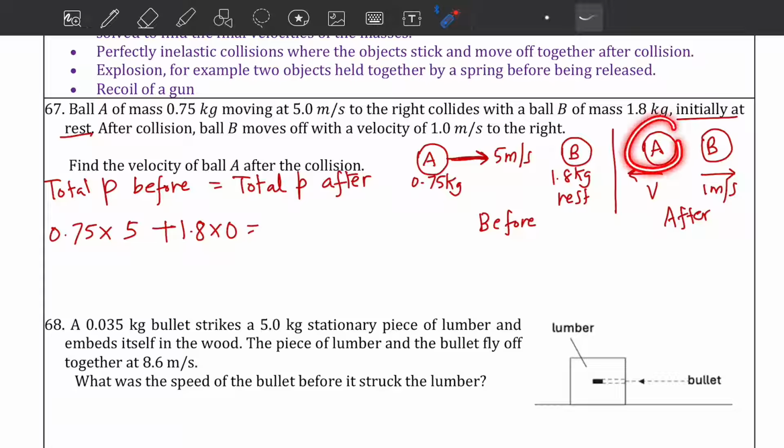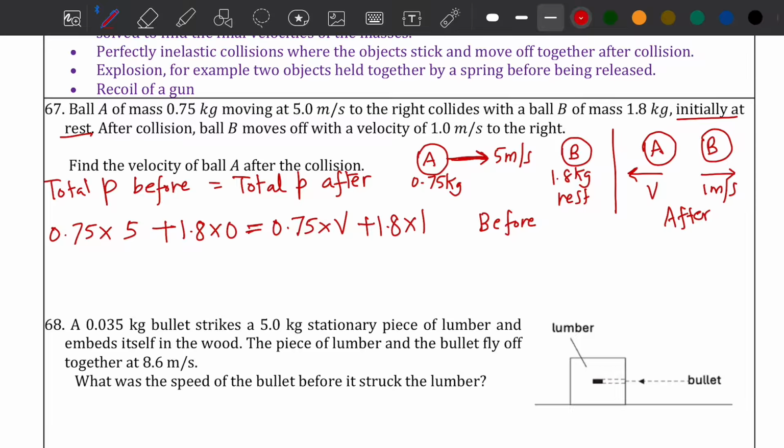For ball A, we don't know the velocity, so we'll keep it as v: 0.75 multiplied by v, mass times velocity, plus ball B, whose mass is 1.8 and speed is 1 meter per second to the right, so positive: 1.8 multiplied by 1. If you solve this, v will come out as 2.6 meters per second.